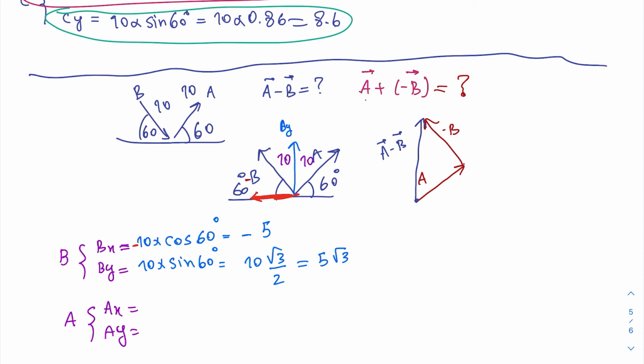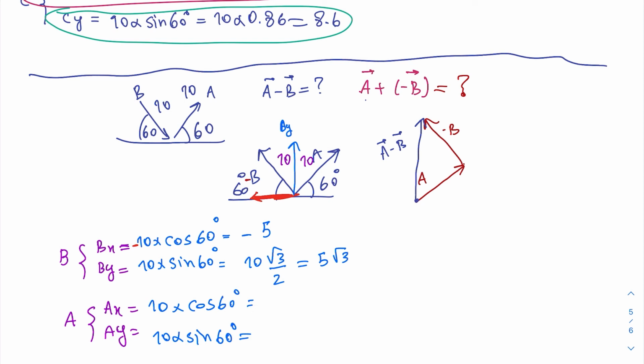Similarly, Ax, or horizontal component of vector A, will be equal to 10 times cosine 60 degrees, and Ay is 10 times sine 60 degrees.